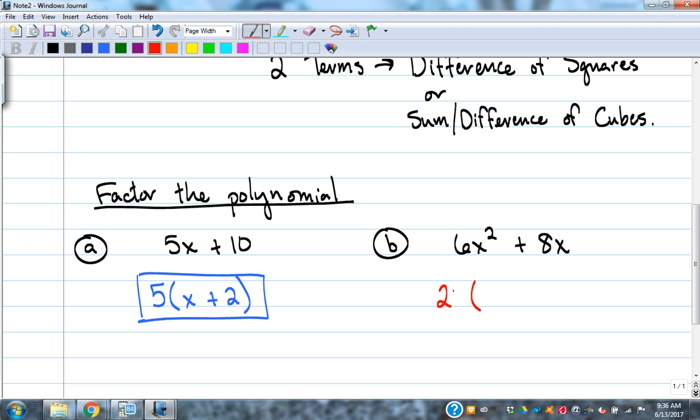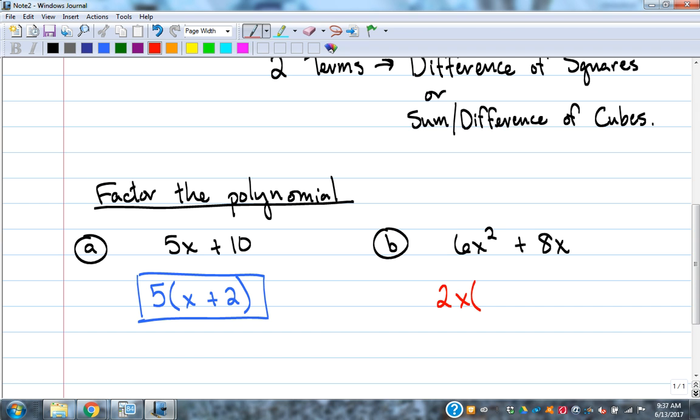What else do they both have? They both have x's. The first term, the 6x squared, has 2 x's. The second term only has 1 x. Okay? So they share 1. So 2 is what 6 and 8 have in common, and an x is what x squared and x have in common.